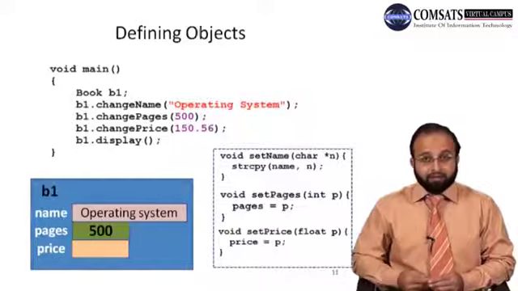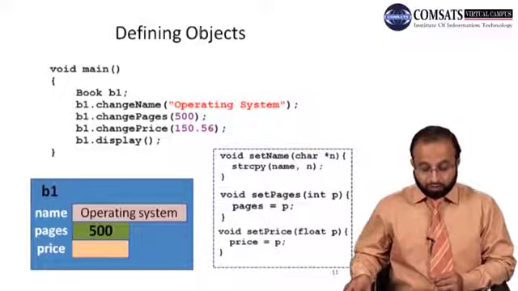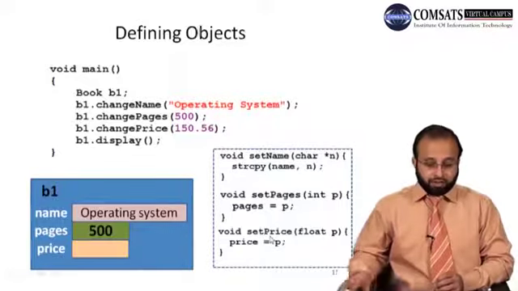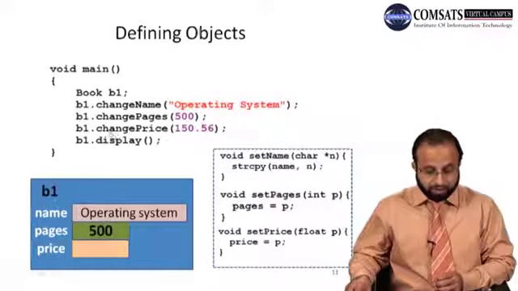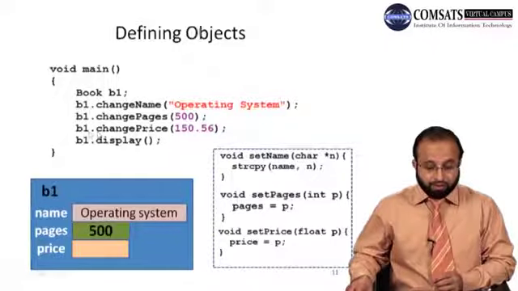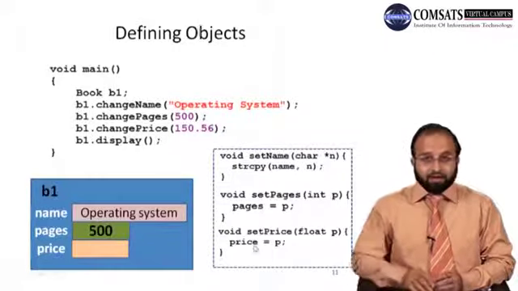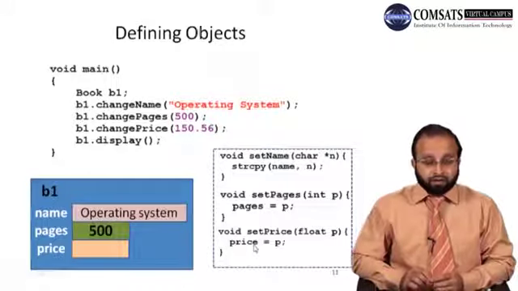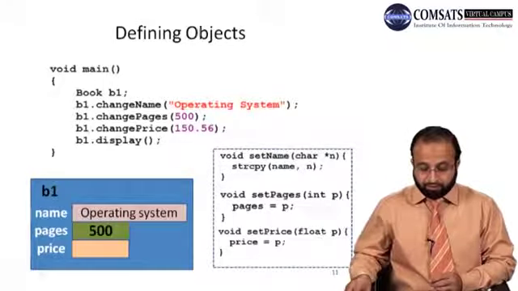Which object's private data member will it be? The object through which you called the set price function. So b1 dot set price function is called over here. So the private data members of b1 are directly accessible within the definition of the set price function.